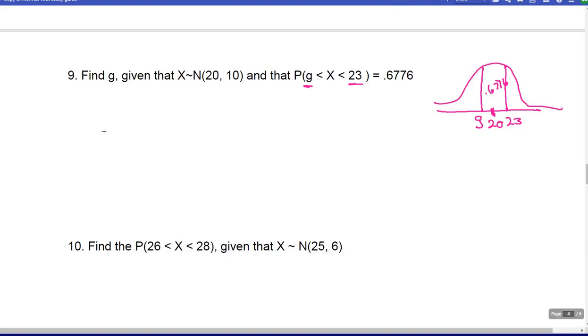Well, you could convert the 23 to a z-score. Okay, now how is that going to help me? What am I going to do that for? Well, keep in mind, I need to find this number. How do I find a number using area?